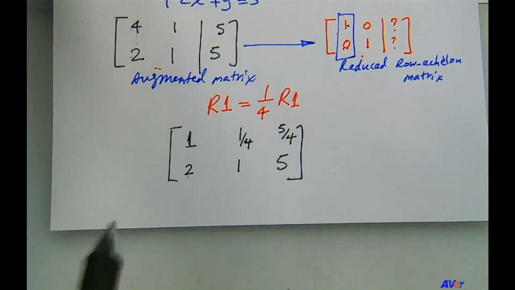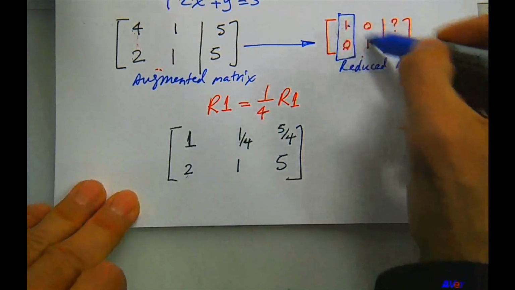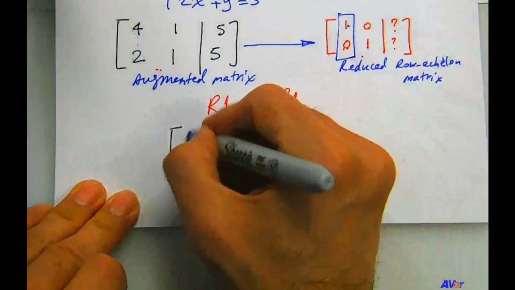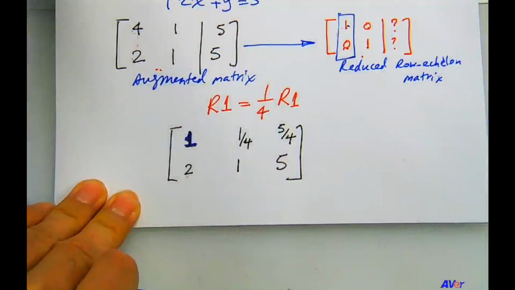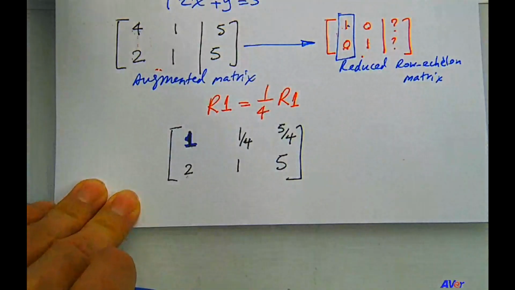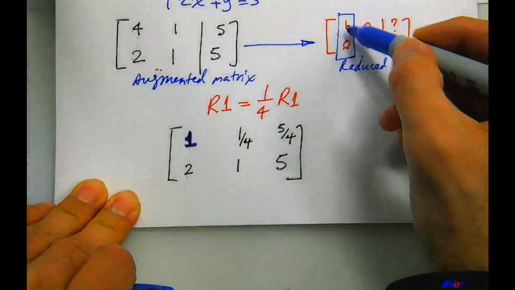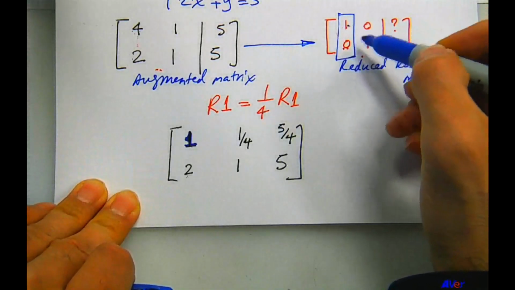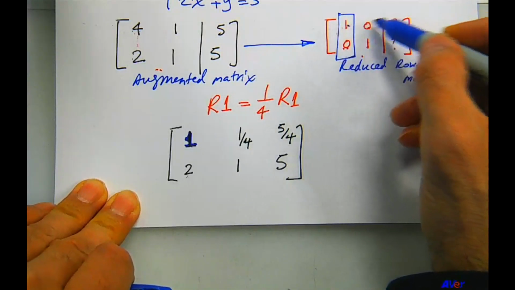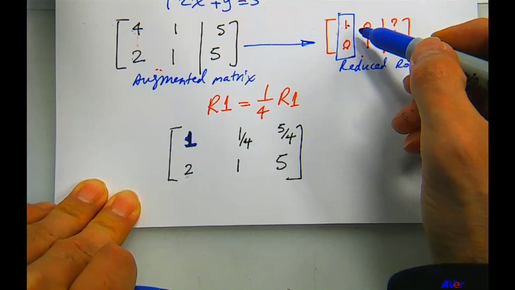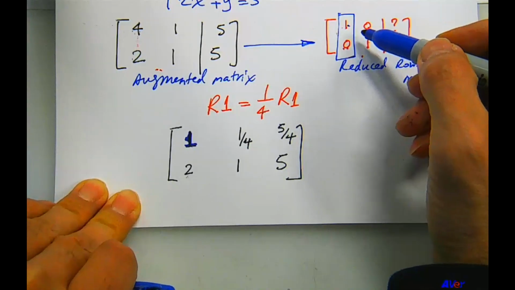So at this point, as soon as you get any of these 1s, the row that contains the 1 is the pivot row. Let me repeat that. As soon as you obtain any of these 1s in each column, the row that contains the 1 becomes the pivot row. Why is that important?